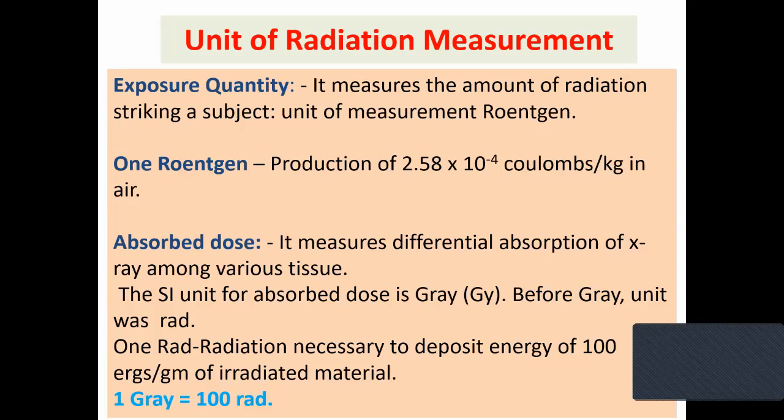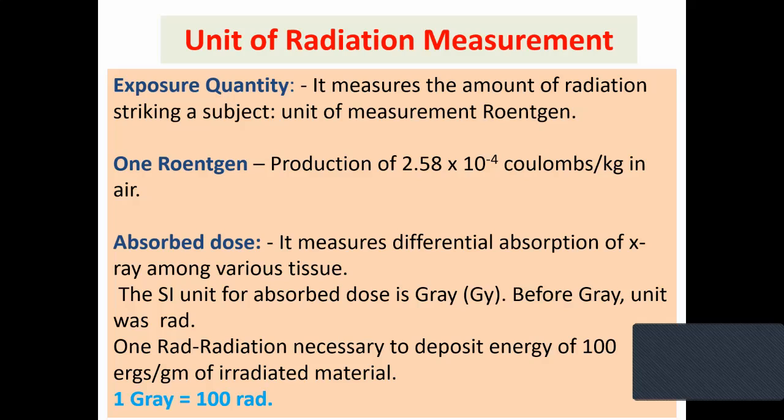Okay, then next one is the absorbed dose. As we know, the different tissues of our body absorb differently, or we can say all tissues of our body do not equally absorb the radiant energy. So different tissues have different absorption.